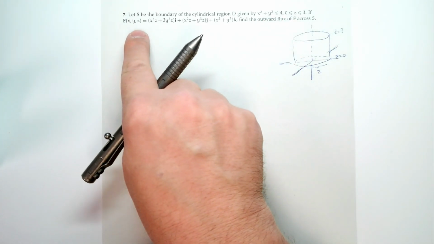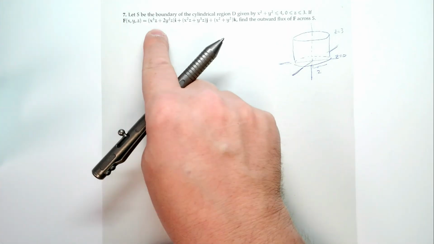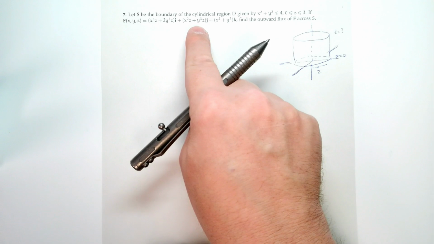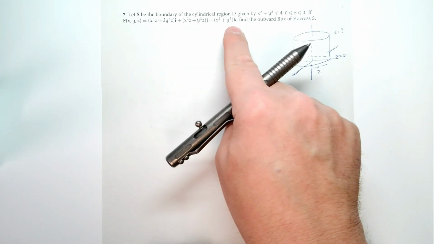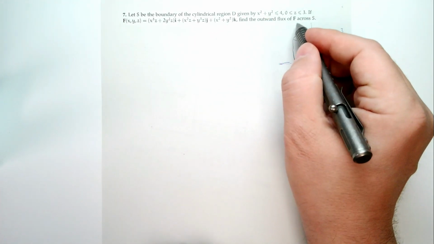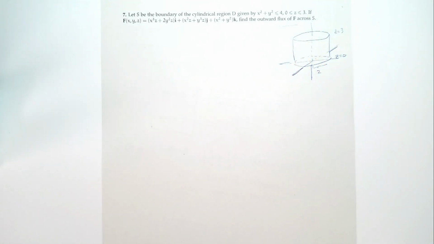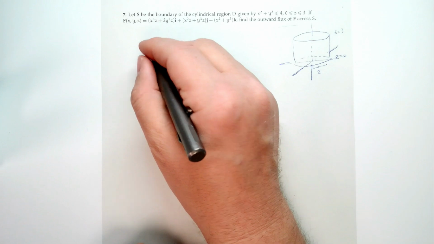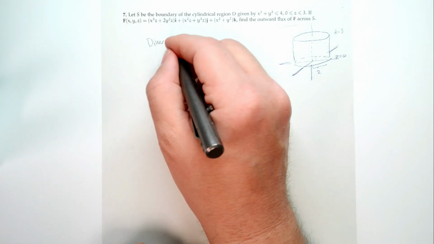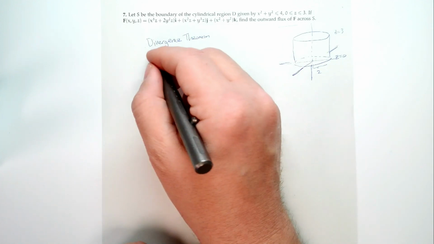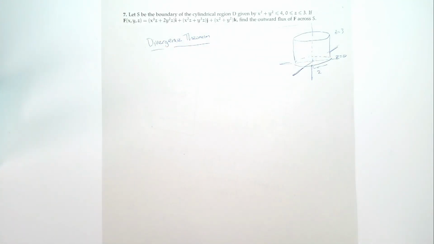If you have this vector valued function, x cubed z plus 2y squared z in the i, x squared z plus y cubed z in j, and x squared plus y squared k, find the outward flux across S. Well, what is that? We're trying to find flux through the boundary of a solid. So this is saying, do we know how to use divergence theorem? So we're not going to compute flux through the boundary of the solid by actually doing a surface integral.